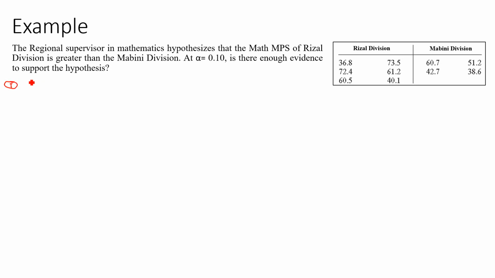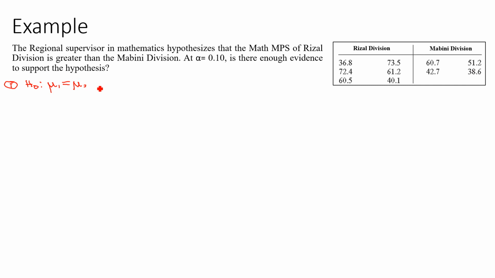Here, our null hypothesis would be the population mean of the Rizal division is equal to the population mean of the Mabini division.